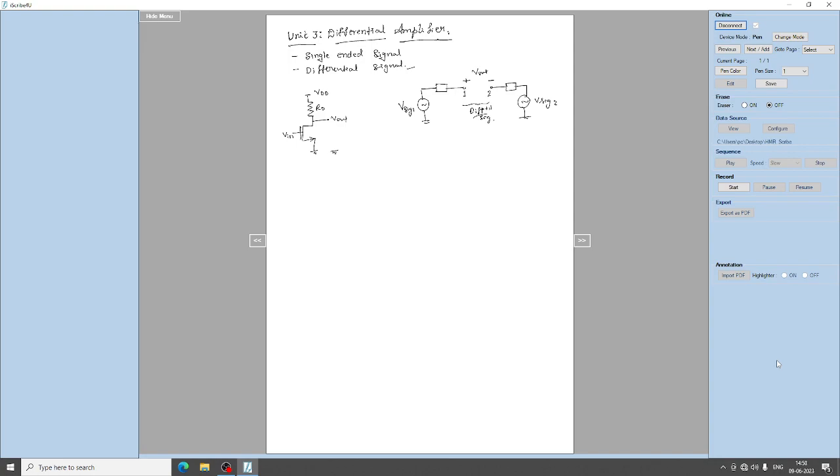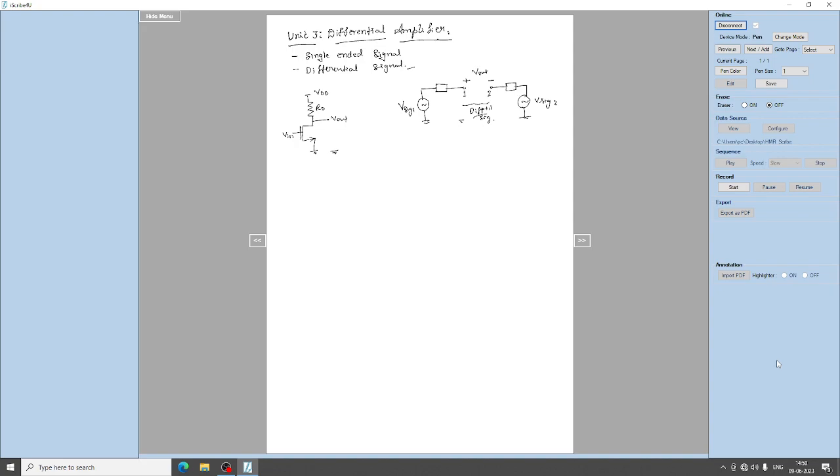So single-ended means we measure any one terminal or node potential with respect to ground. It is either node 1 with respect to ground or node 2 with respect to ground. So usually we define this differential signal as measurement between two nodes which has equal and opposite variations, right?